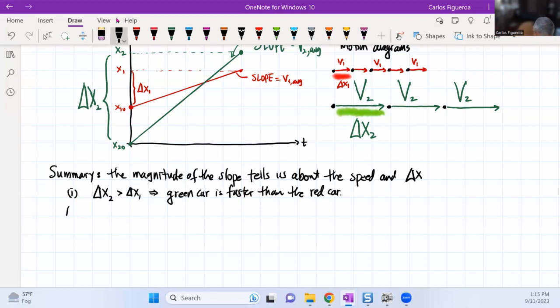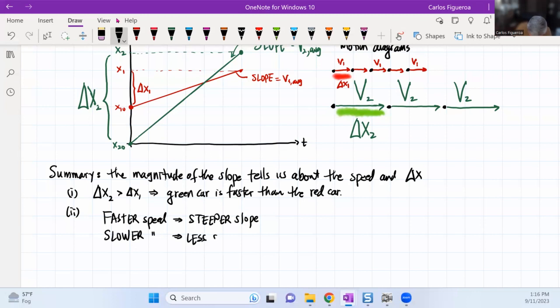We also said in summary that if I have a faster speed, then I have a steeper slope. On the other hand, if I have a slower speed, then I'm going to have a less steep slope. So that summarizes what we mean by the magnitude.